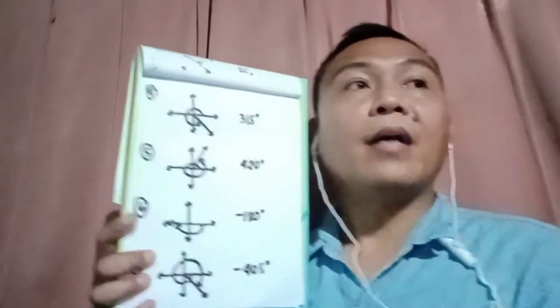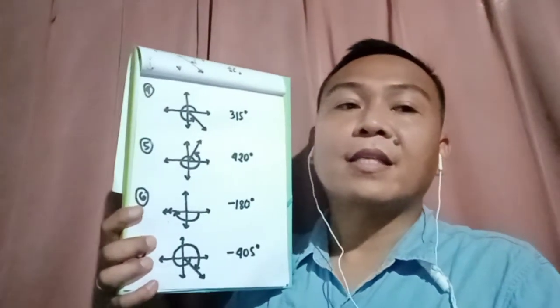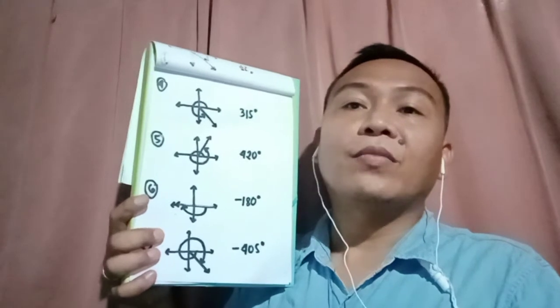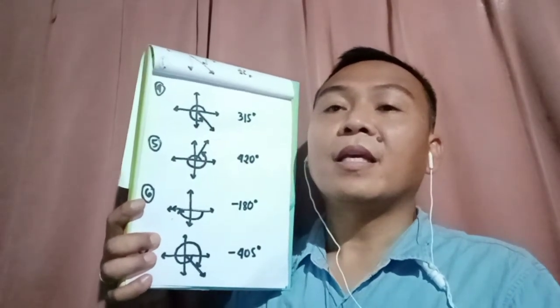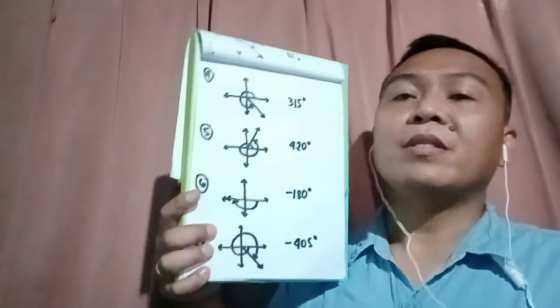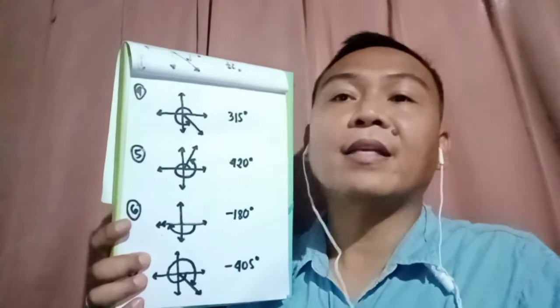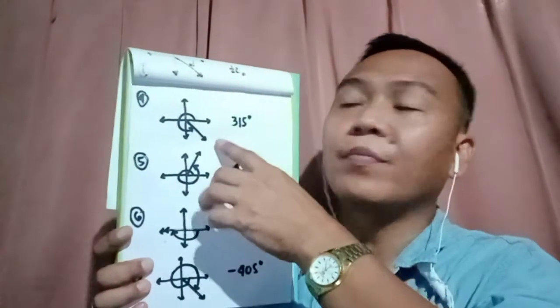Take note, we only consider angles to be in standard position if and only if its vertex is at the origin of the Cartesian coordinate plane, meaning its vertex is at the intersection of the x and y axes.